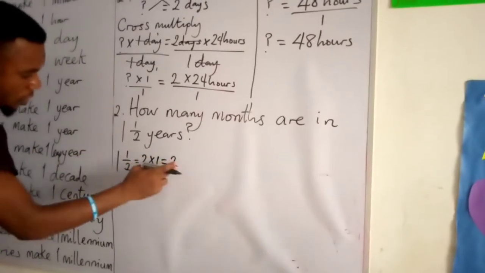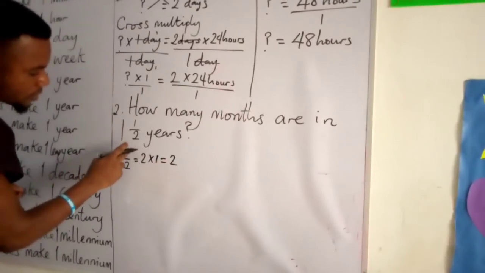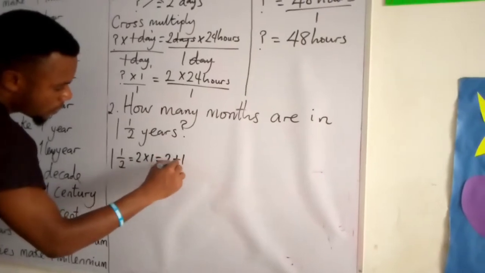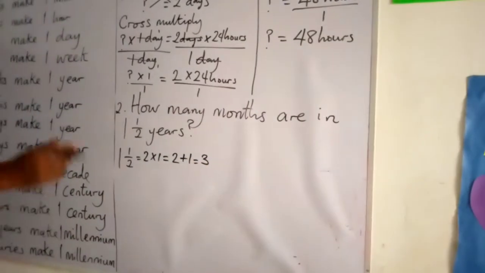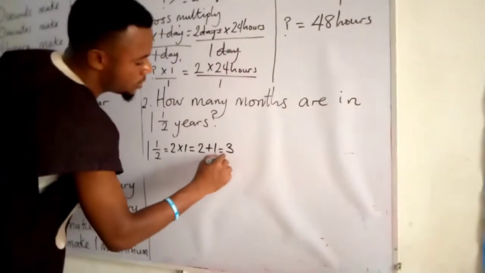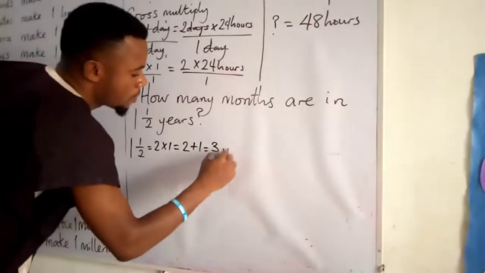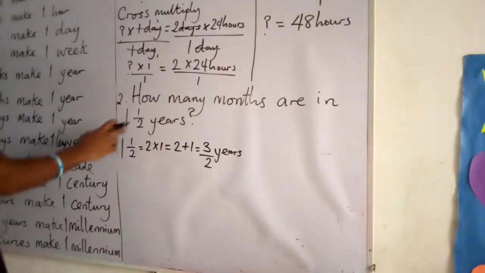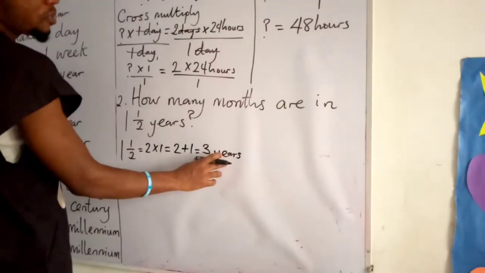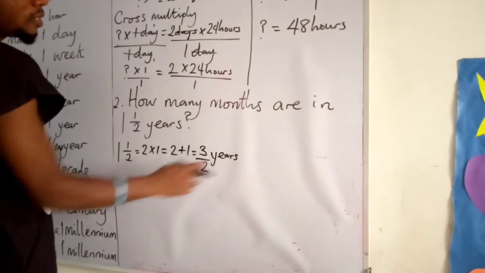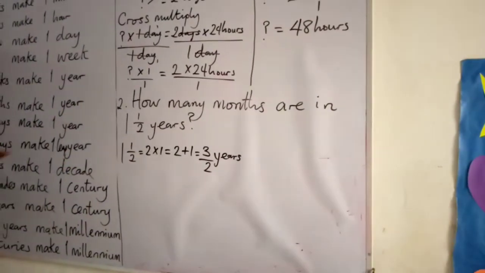So what you got, you add to your numerator. Plus 1 is 3. Remember, our denominator remains the same. So 3 all over 2. Your mixed fraction is changed to the improper fraction 3 over 2 years. So now we can solve this.